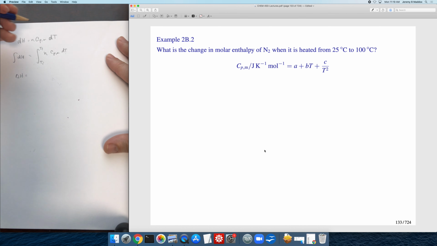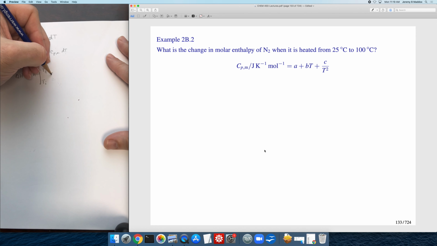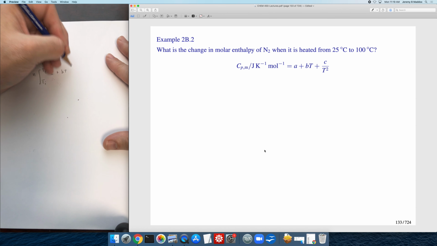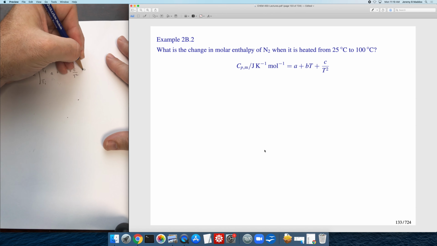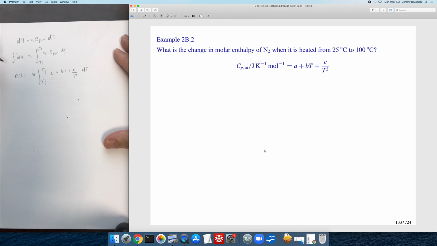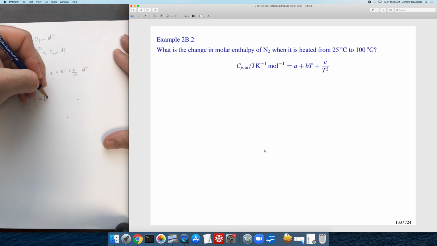And then what you would need to do, you can pull the n out, and then we'll substitute in that polynomial form, A plus B times T plus C over T squared dT. And now you want to integrate this. The first term is going to give you A times Tf minus Ti.